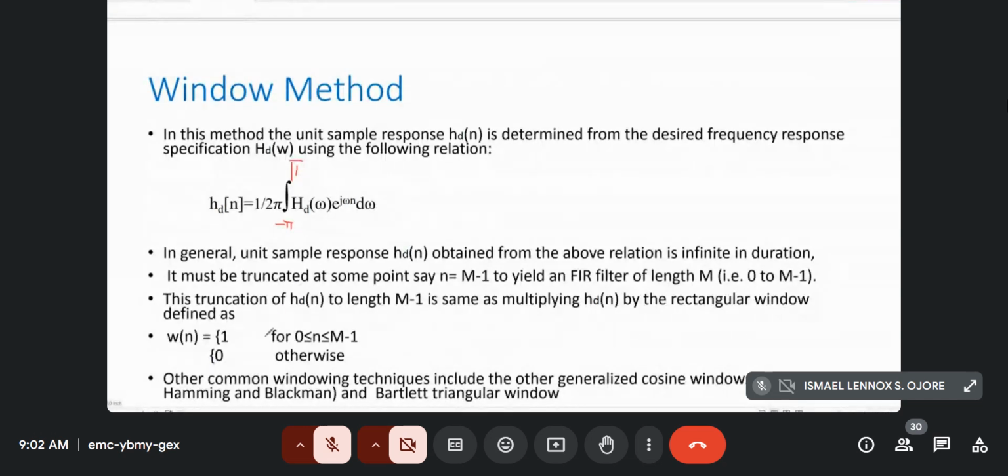The other important thing to note, I think we are going to note it later. It's very important to understand, especially with filters, the relationship between omega and frequency.